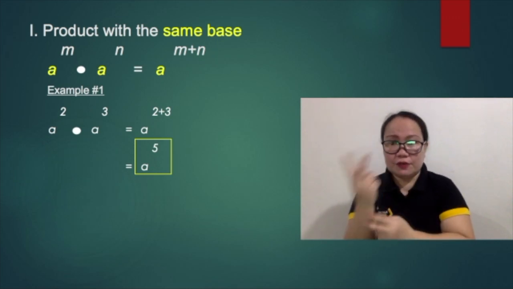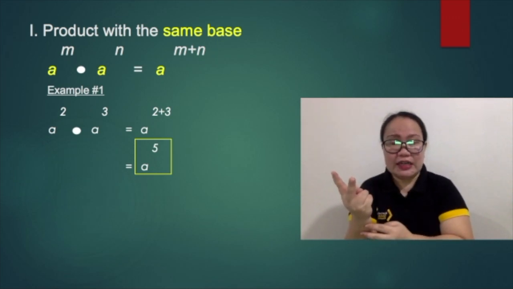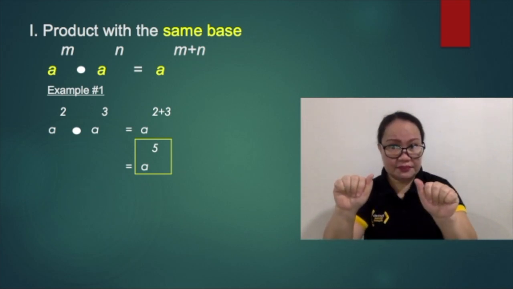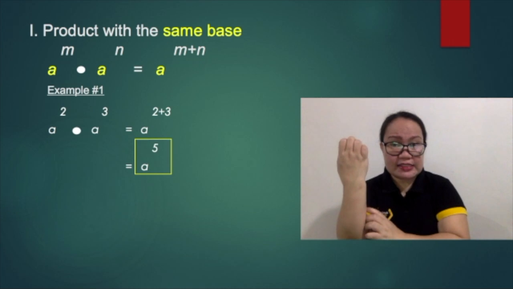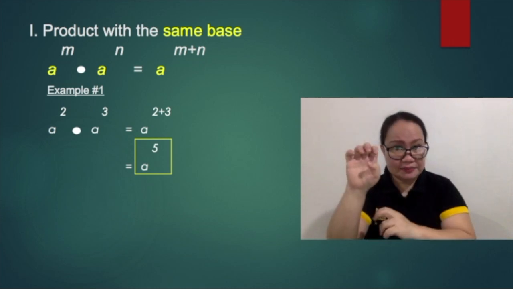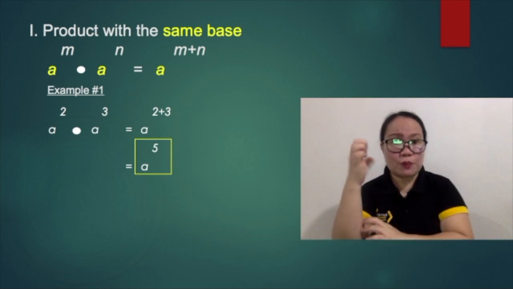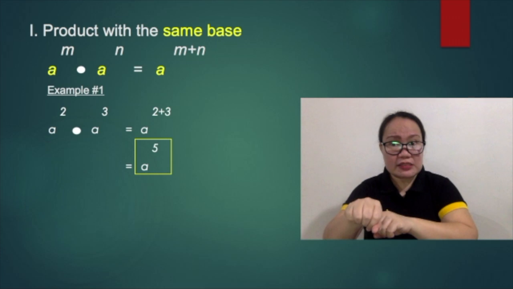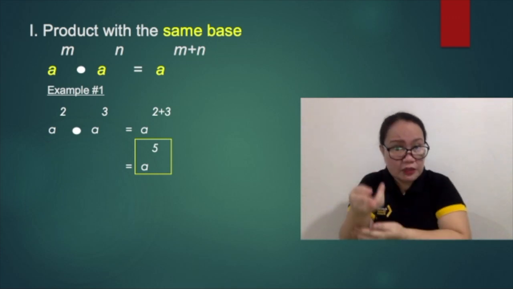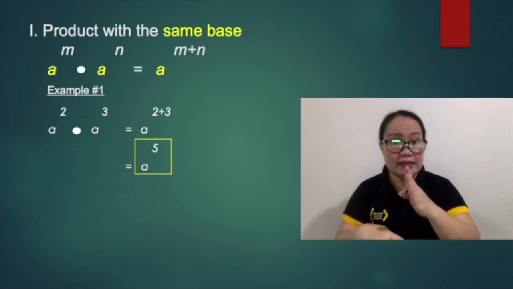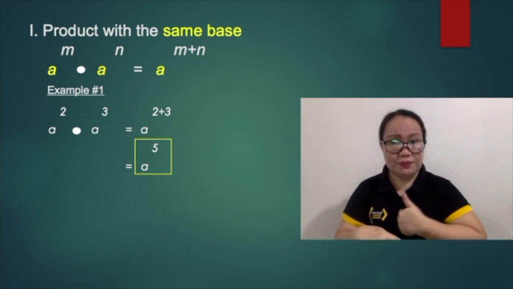So if you have noticed here, the base is letter A, and the exponents are m and n. Exponent means the number of times that the base is being raised or multiplied by itself.